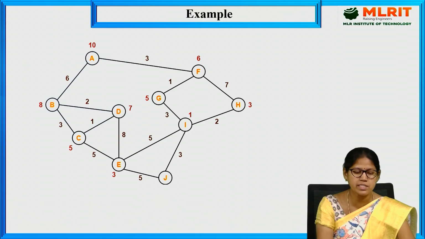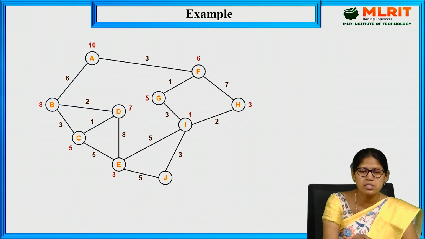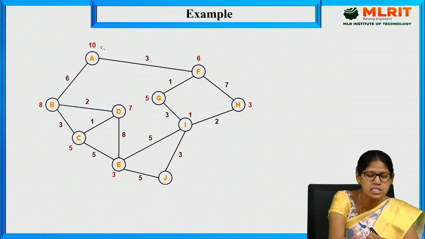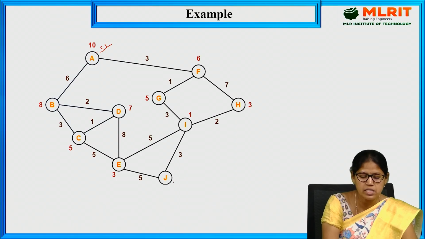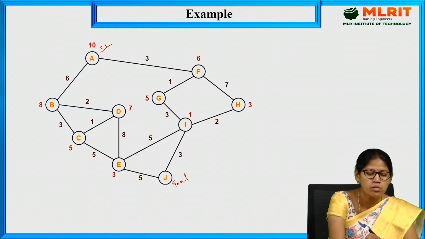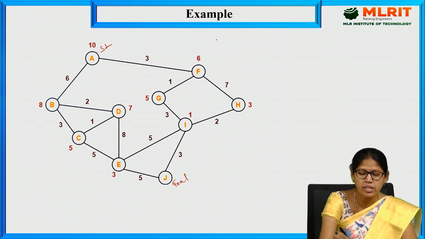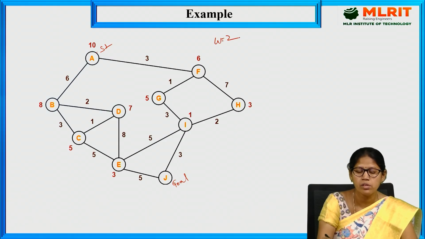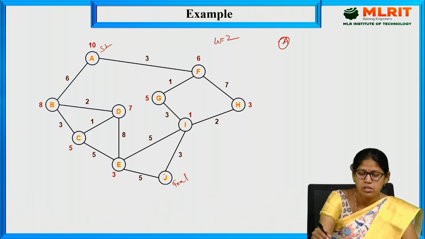Let's see one example. Here this is the graph. A is the start node and J is the goal node. First A will be taken. For example, W equals 2. In this case, A equals 10.